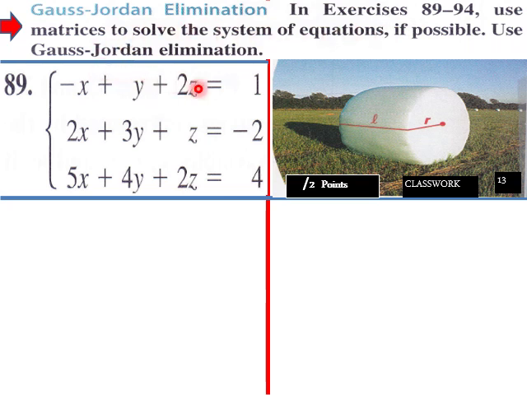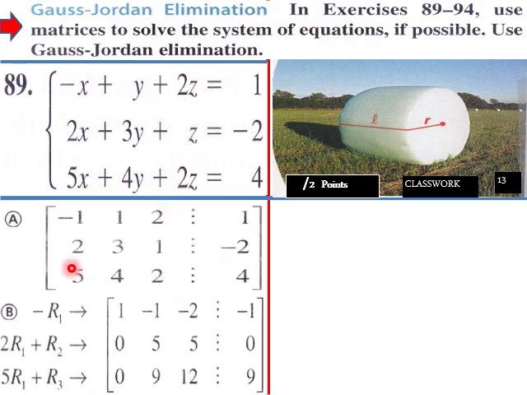Use Gauss-Jordan elimination. So we do have a 3 by 3 here. This would be our augmented matrix, and this would be the coefficient matrix here.